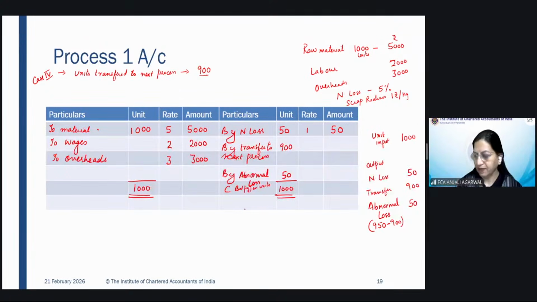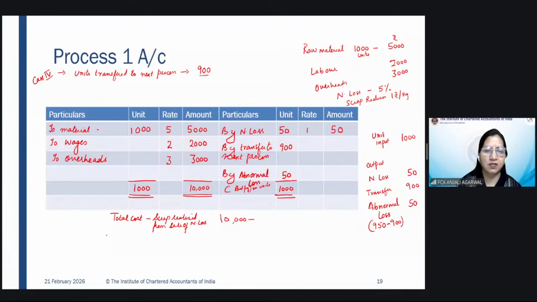Now we apply our fundamental rule, and that fundamental rule is total cost. So take the total of the debit side, 10,000. Right? What was the fundamental formula? Total cost minus scrap realized from sale of normal loss. Only normal loss sale. So how many units were the normal loss? 50.